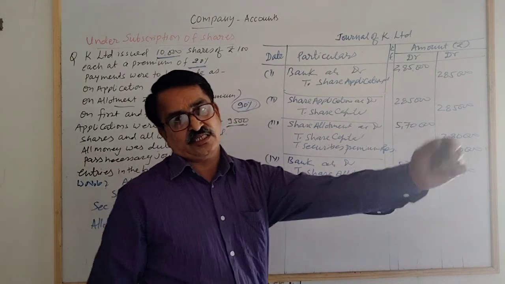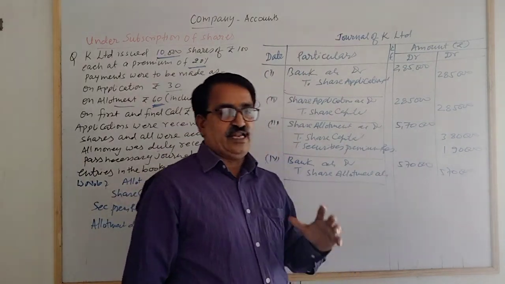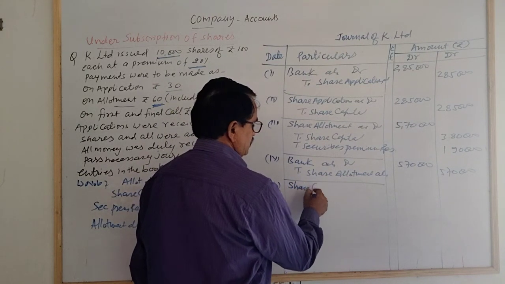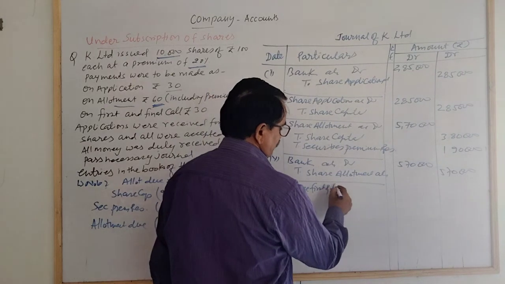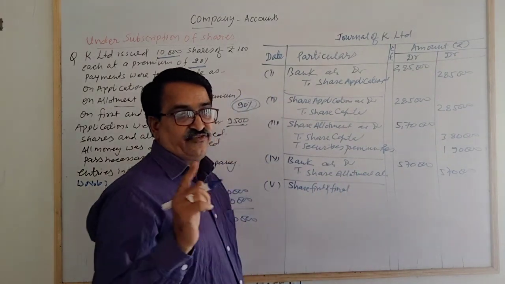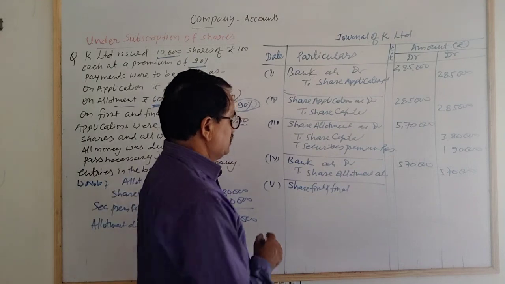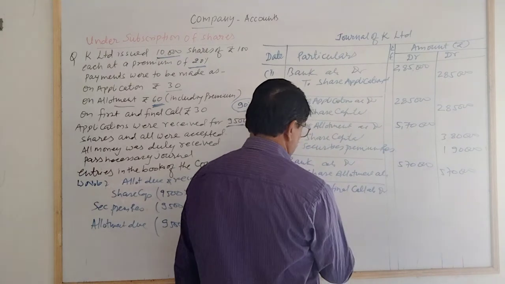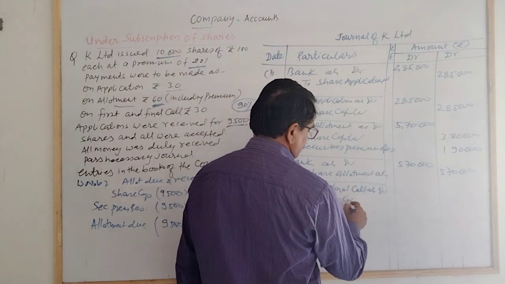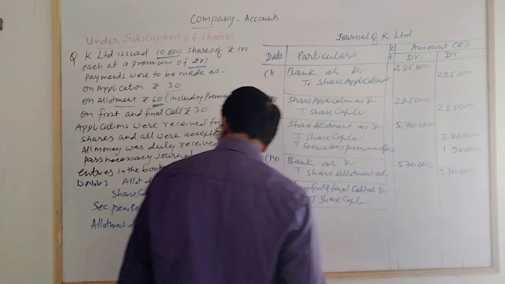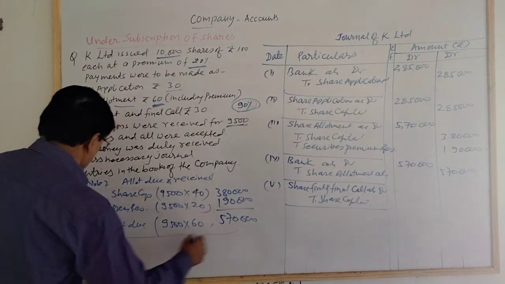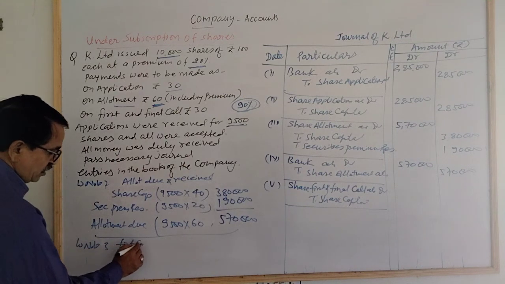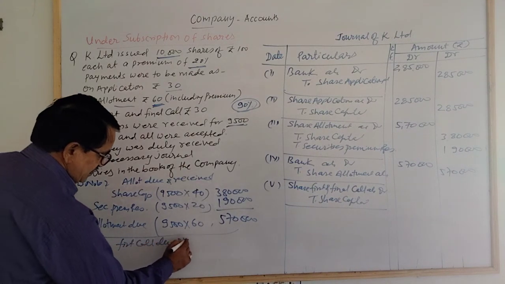Next entry we pass on making the first call money due. When we make the first call due, the entry is share first and final call account debit, because in this case the first call itself is the final call. Share first and final call account debit to share capital. We can pass a working note here also: first call due and received.